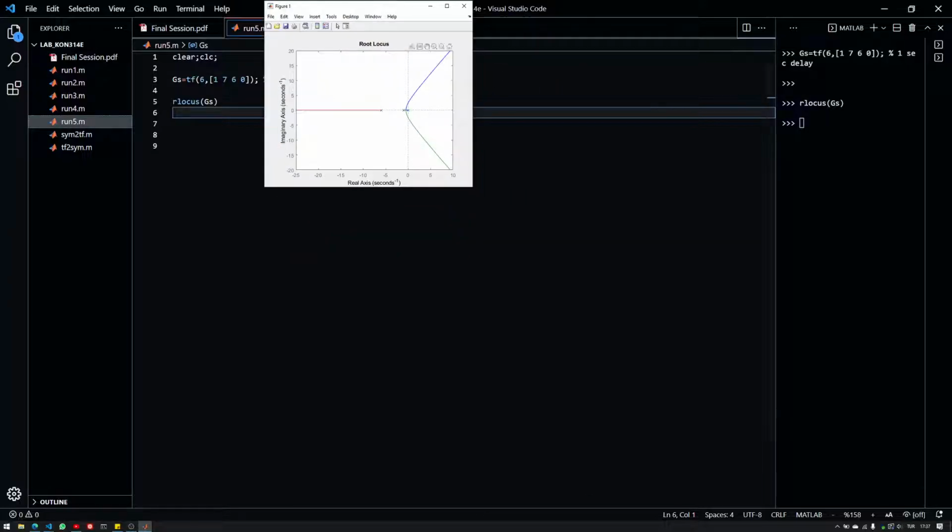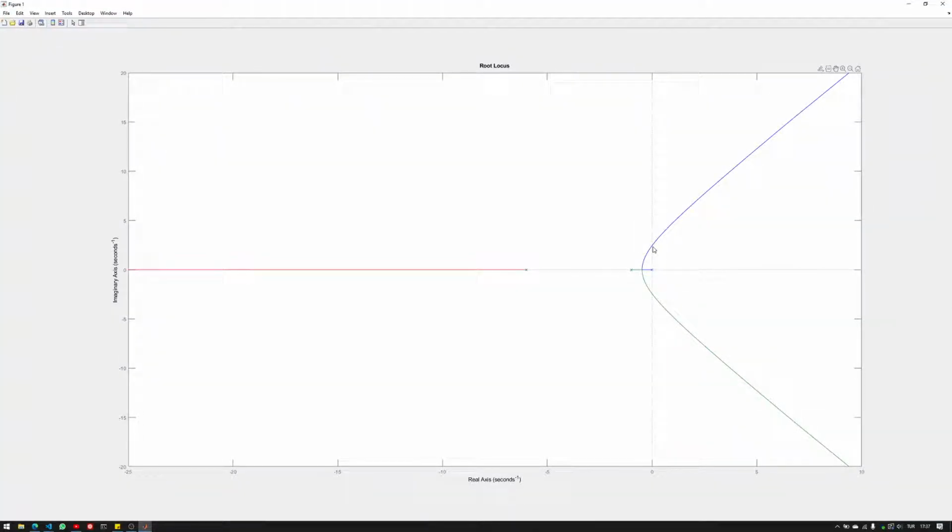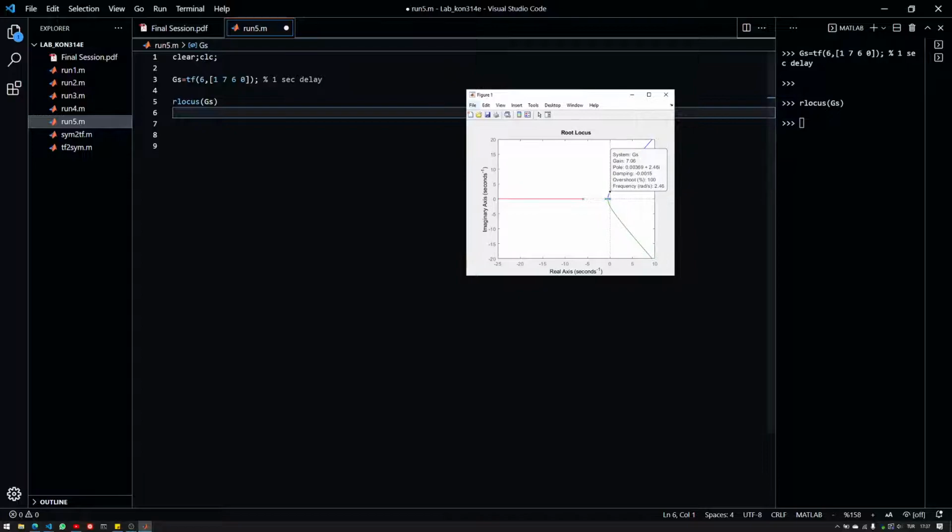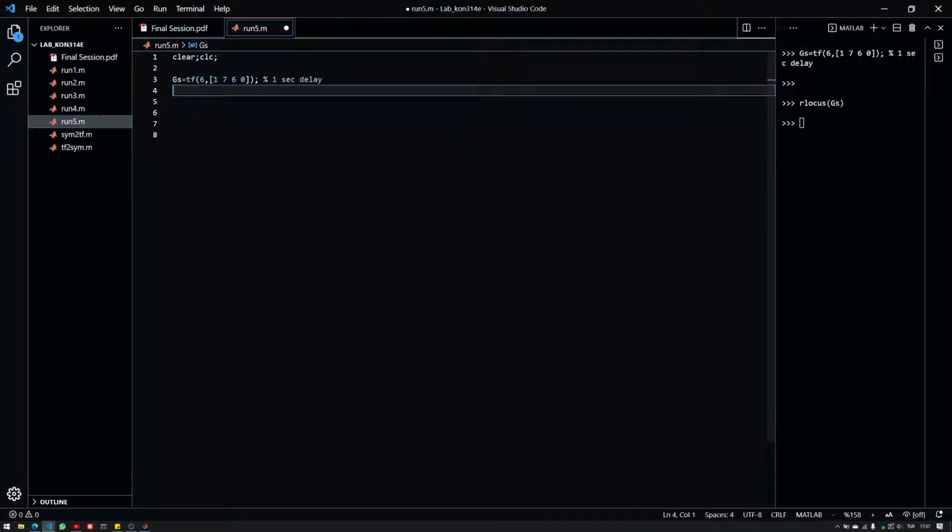Just to quickly recap, we know that the stability interval is basically 0 and 7, because on the negative root locus there was a passage through the origin with k=0, and if k is equal to 7, then we have a crossing through square root of 6. So basically the interval here without delay is 0 < k < 7.